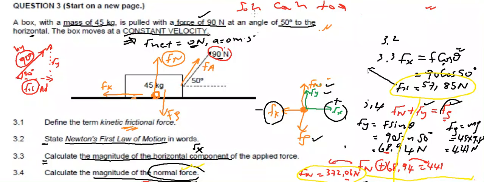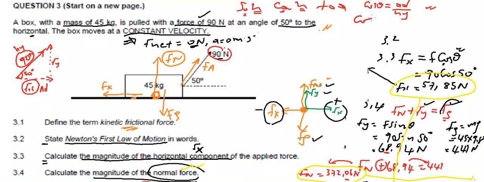We're given the hypotenuse. If we are looking for the opposite, we use sine. But if we have the hypotenuse and we are looking for the adjacent, we use cos. So cos theta is equal to adjacent side over hypotenuse side.